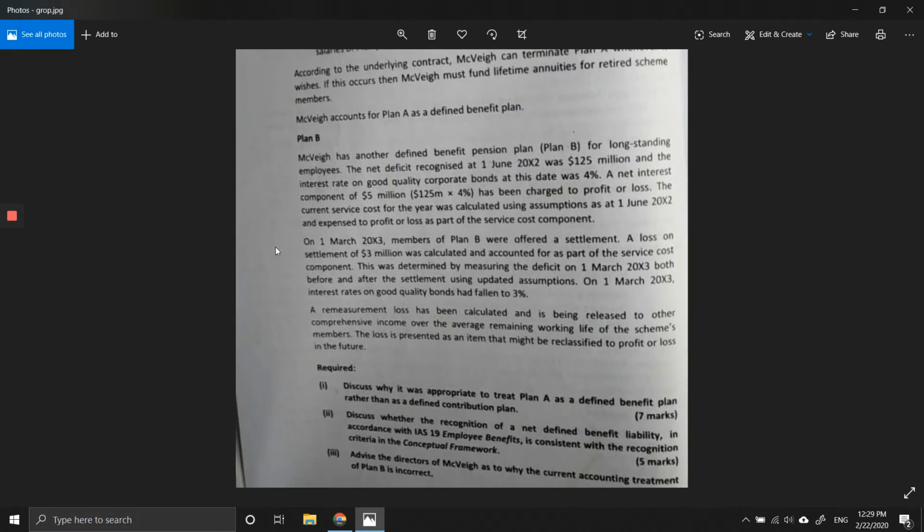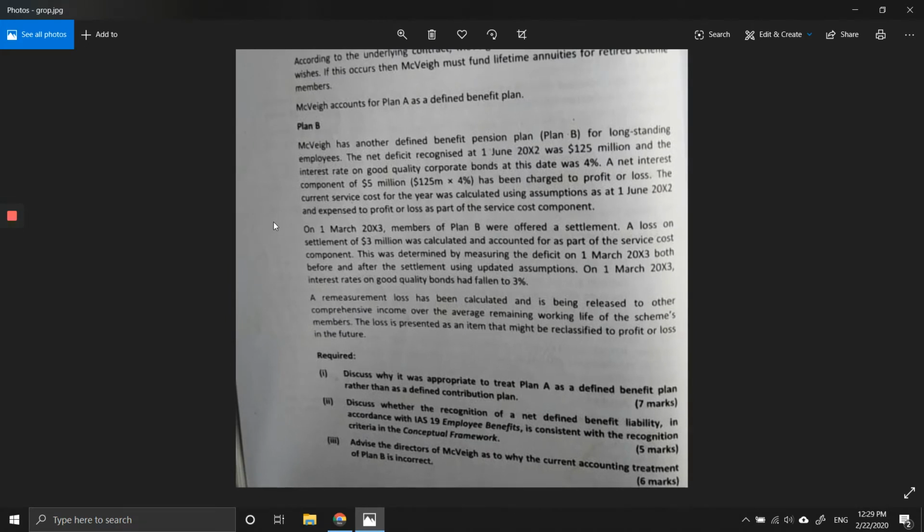Second, McVeigh has another defined benefit pension plan for long-standing employees. The net deficit recognized at 1st June 20x2 was 125 million, and the interest rate on good quality corporate bonds at the date was 4%. The net interest component of 5 million, which is 125 into 4%, has been charged to SOPL, and the current service cost for the year was calculated using assumptions as at 1st June 20x2 and expensed to SOPL as a part of the service cost component.